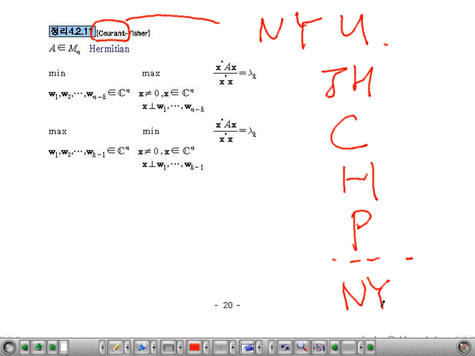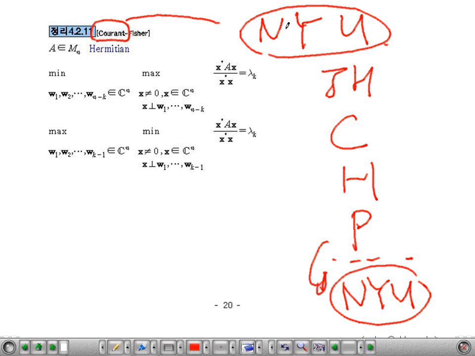But here, New York University was added as one of the research powers when Courant was recruited by New York University and established the Courant Institute of Mathematics in the 1930s, 40s. Okay, anyway, these are research which was done not long ago, within 100 years, about 60, 70, 80 years, even 50 years.